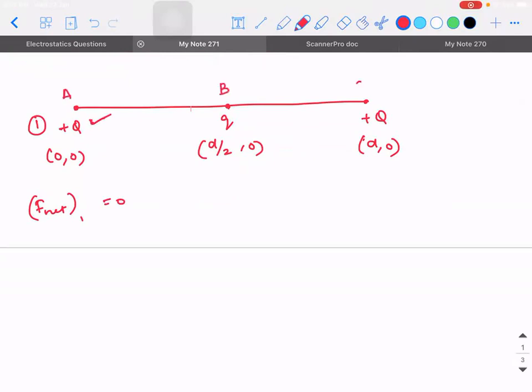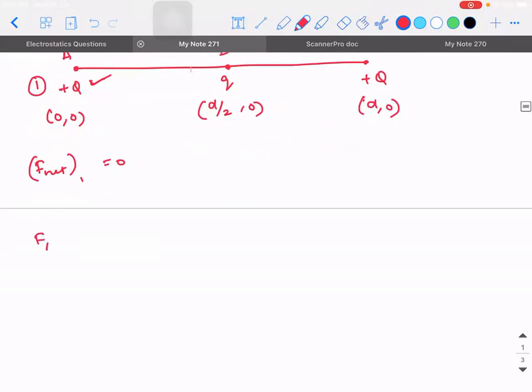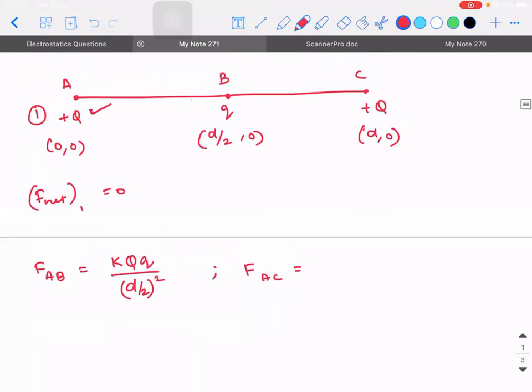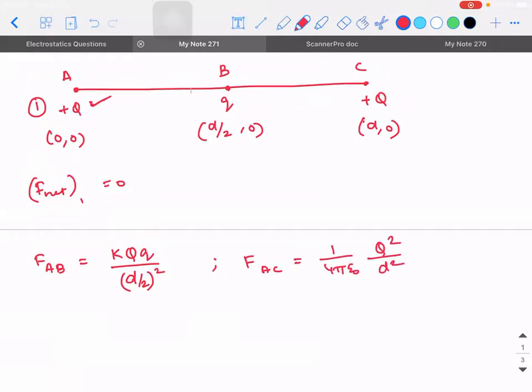If I call these A, B, C, so what is the force that is existing between A and B? K capital Q into small q divided by d by 2 the whole square, so 4 k Q q by d square. What is the force between A and C? K Q square divided by d square.